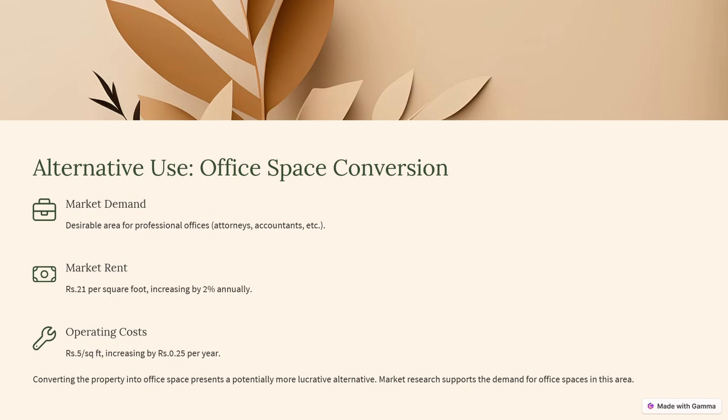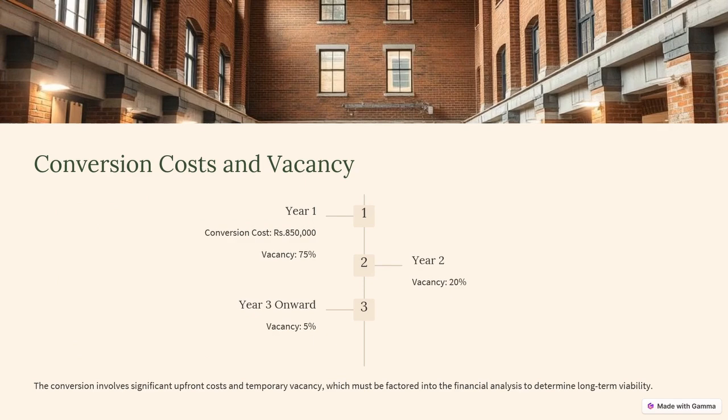Market research supports the demand for such spaces in the area. Other things are there: in the first year, when you convert it into office space, it will need a cost of 8,50,000. Because of this, there will be a vacancy of 75%; only 25% of the property can be used during this period.